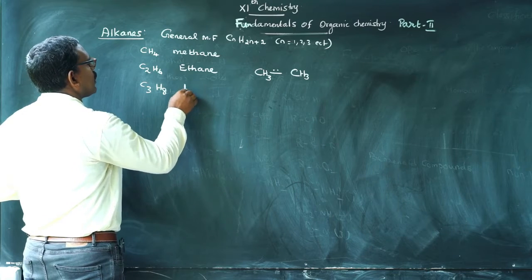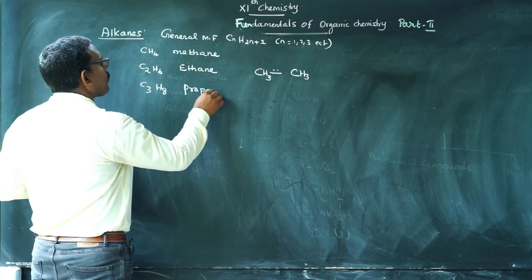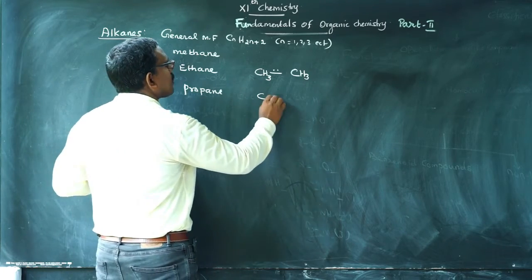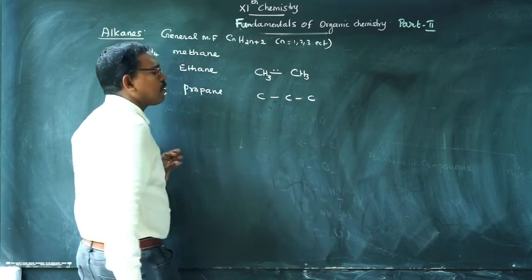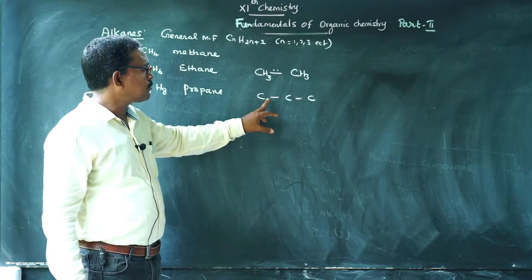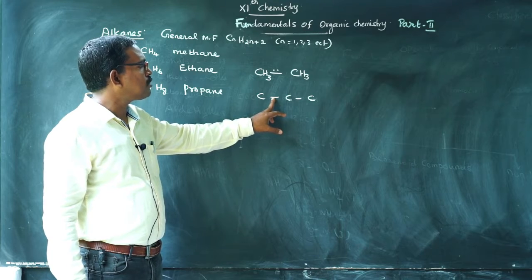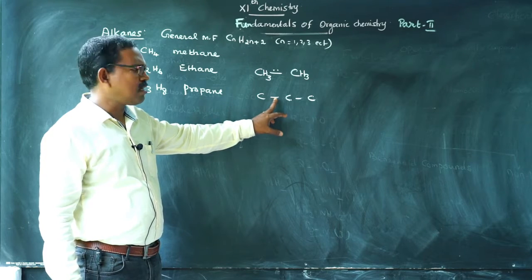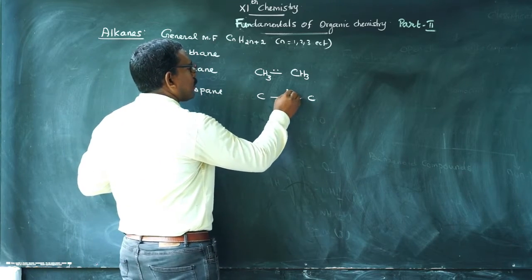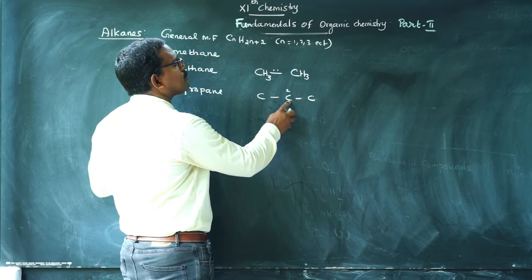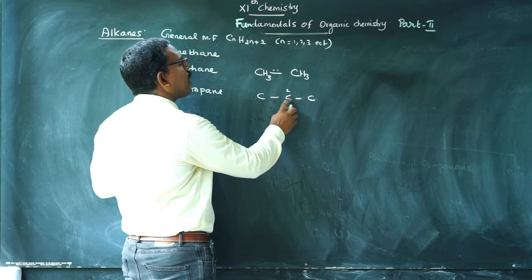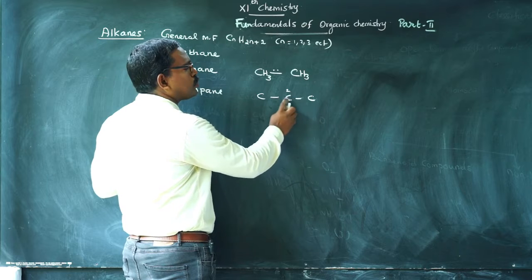C3H8 is called propane. It consists of 3 carbon atoms. First look at the first carbon, which shares only 1 electron in its single covalent bond. But the second carbon receives 2 electrons from the neighboring bonds.